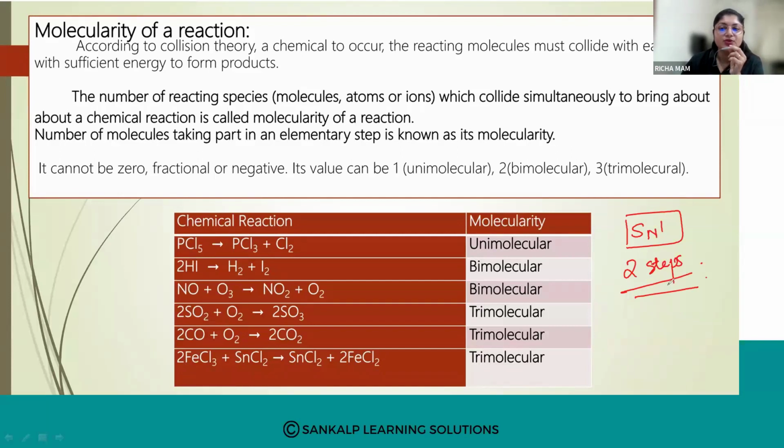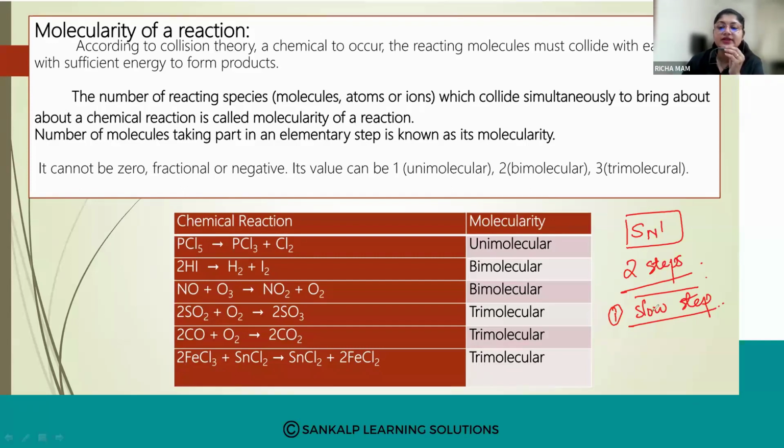When the reaction proceeds in two steps, the first step is a slow step, and this slow step is called the rate determining step. This particular slow step decides the order of reaction.